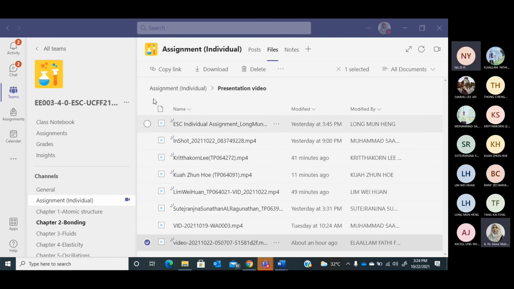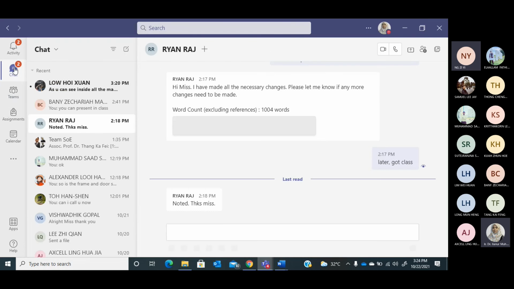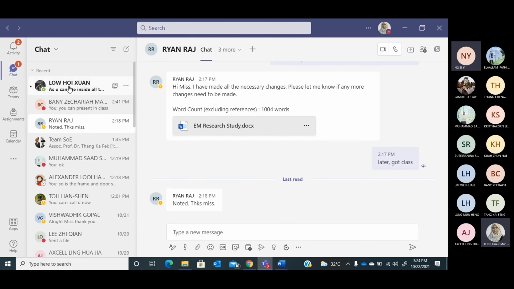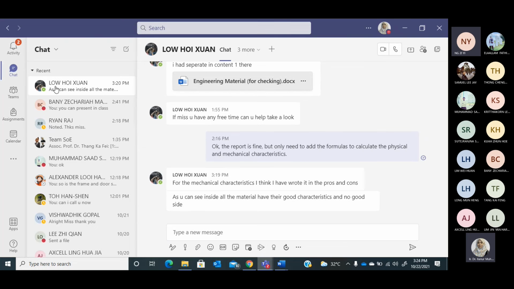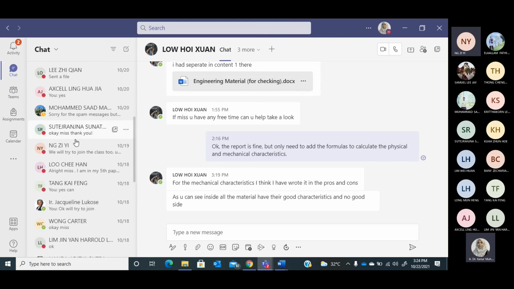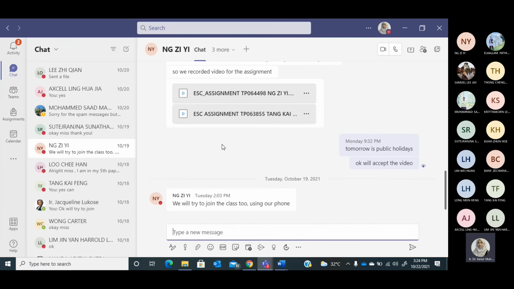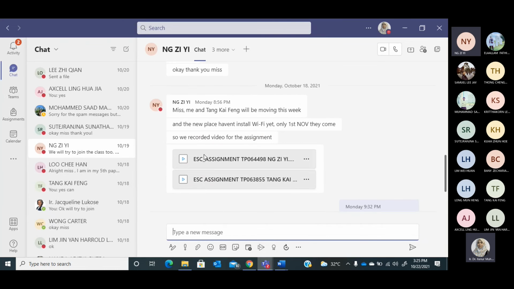I don't know how to transfer because now I'm using phone and driving. No, I didn't receive it. It's in Eng Zi's personal chat. Yeah, it is not there. Last is Tuesday. In the team. There, above ESC assignment, then TP number. Both of these are me and Tan Kai Feng's video. Okay.